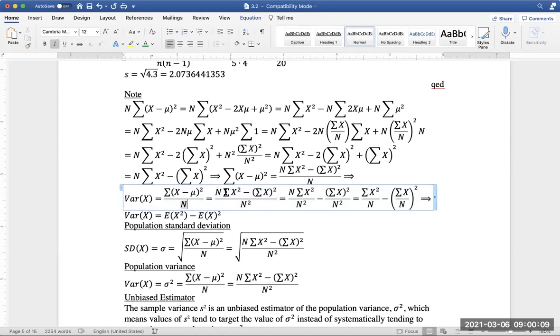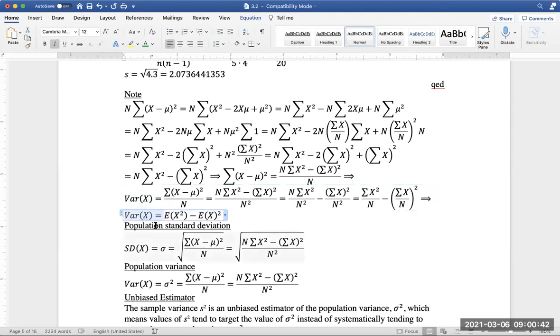Divide each of these by n squared. The n's cancel, so the sum of x squared over n is the expected value of x squared. The sum of x over n quantity squared is the same as squaring the numerator and denominator, and the sum of x over n is the expected value of x. And we'll be calling this quantity here the variance of x.